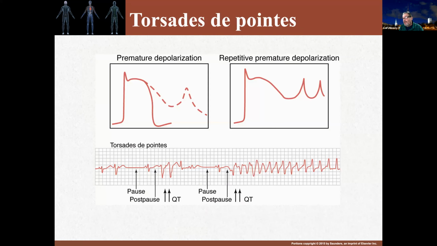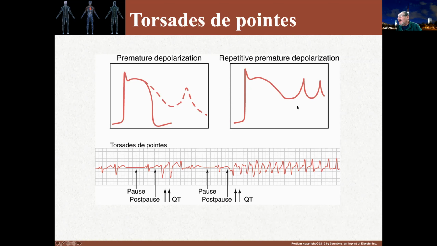Now, to understand the torsade de pointes, you need to understand that you're getting a premature depolarization that is repetitive. So we see here is our normal electrical activity in a cardiomyocyte. And now all of a sudden what I'm getting is this premature depolarization occurring in probably our relative refractory period.